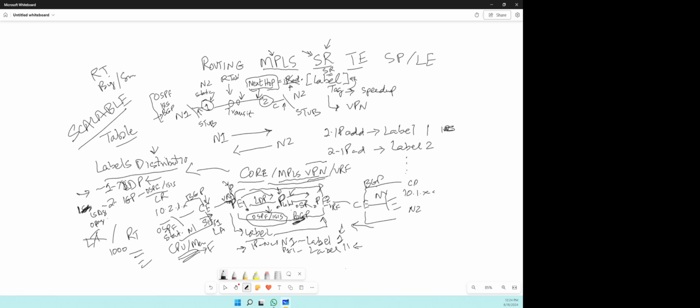Compared to traditional MPLS, which uses LDP or IGP to distribute labels and maintains tables to forward the packet, segment routing is still MPLS, but it's source-based routing again. So you don't have to maintain all that, right?